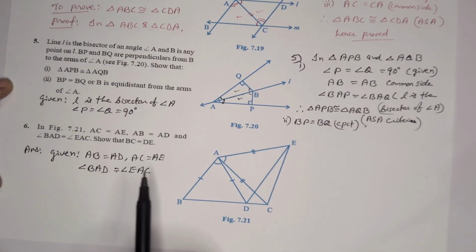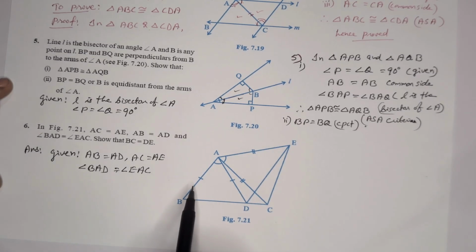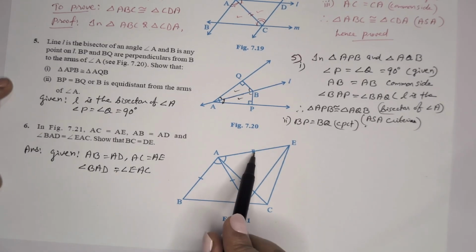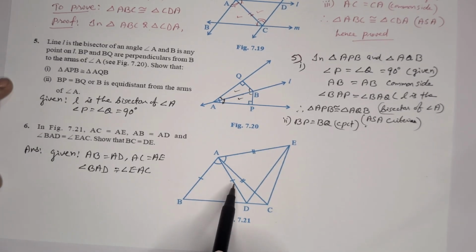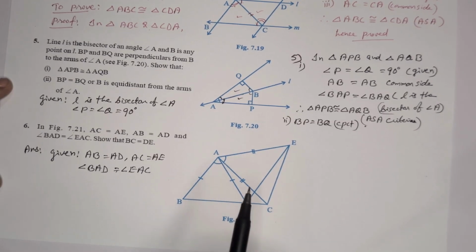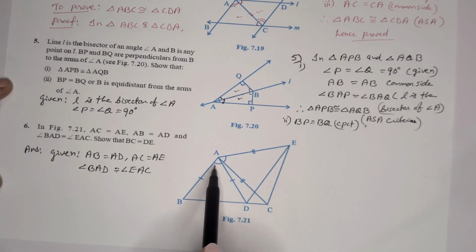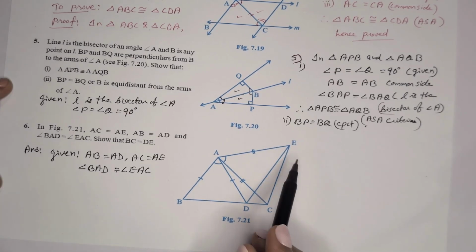Question number 6. AC is equal to AE, AB is equal to AD, and angle BAD is equal to angle EAC. Show that BC is equal to DE.